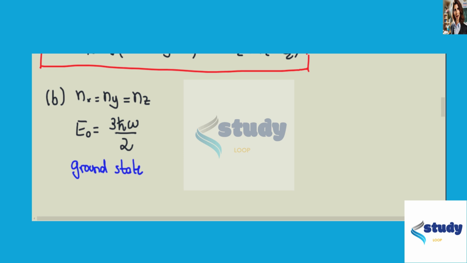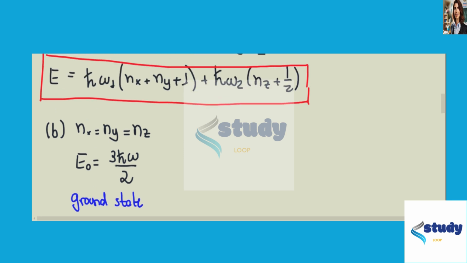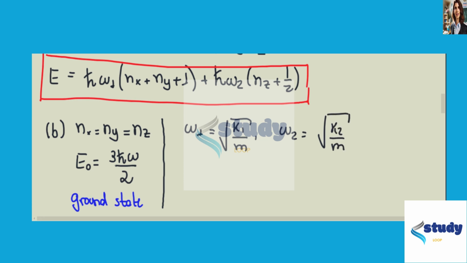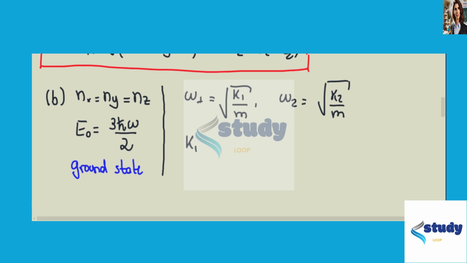While for the first excited level, it's a little trickier than in the previous exercise because omega 1 is equal to the square root of k1 over m, while omega 2 is the square root of k2 over m. Now notice that k1 is greater than k2, meaning that omega 1 is greater than omega 2.